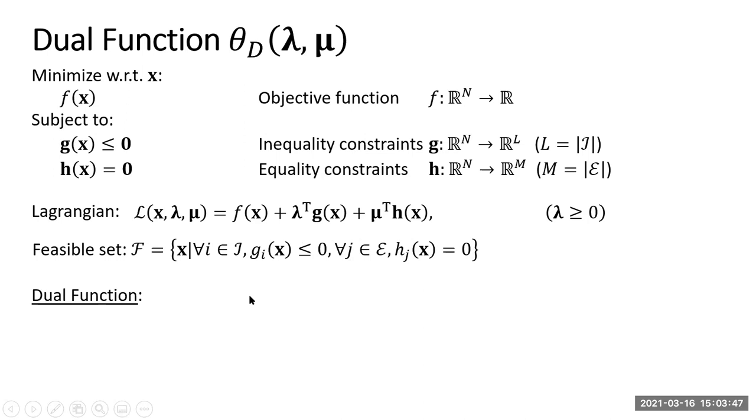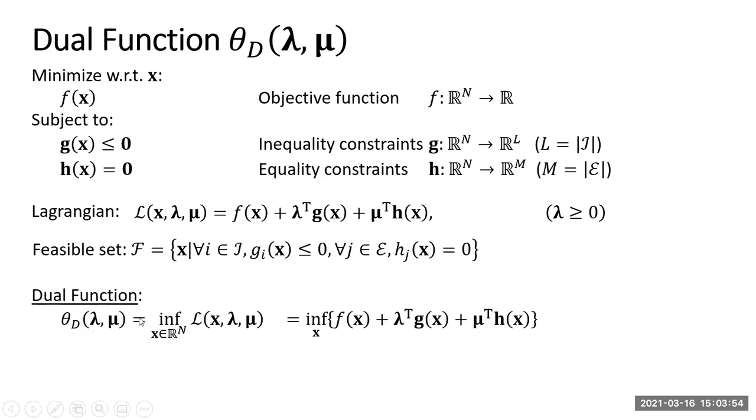The dual function is minimize with respect to x. Okay, so here we minimize the Lagrangian with respect to x. And so once we do the minimization with respect to x, we eliminate x, right? And so what we are left with is a function of the lambdas and mu's. That's the dual function.